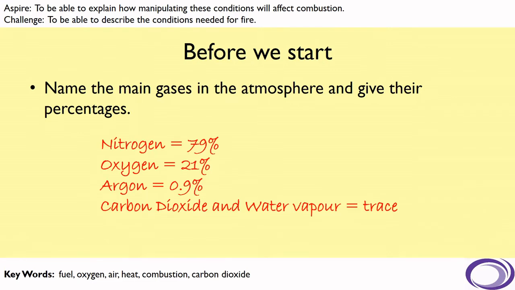So you should have that nitrogen is 79% of the atmosphere, oxygen is 21% of the atmosphere, argon is 0.9% of the atmosphere, and that's the main 99.9% of the atmosphere. The remaining gases in the atmosphere are trace, and they are carbon dioxide and water vapour.